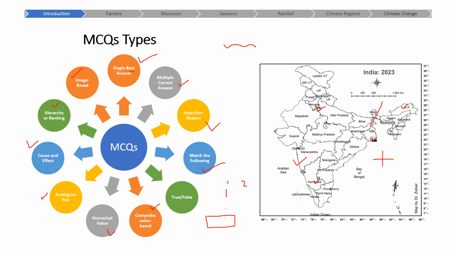Now, in geography you should have the idea of direction, distance, the concept of cause and effect, and the concept of comparing one thing to another. So let's begin with the introduction here.